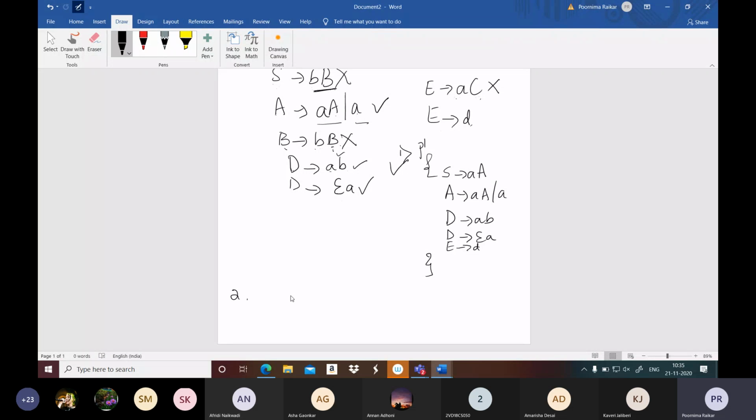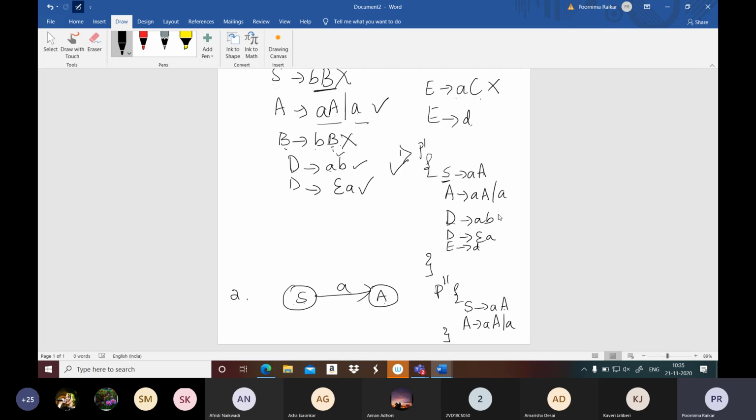Second step: using a dependency graph, I have to identify the variables which are reachable from the start symbol. If I put S here and A, D, E, all the letters, from S I can only reach A. But from S there is no rule defined for D, and no rule for E. So using my dependency graph, I came to know that I can only reach from S to A. That means I'll only consider these rules.